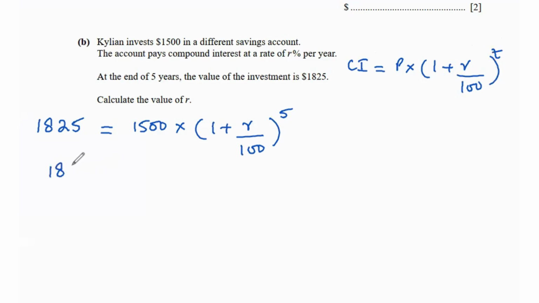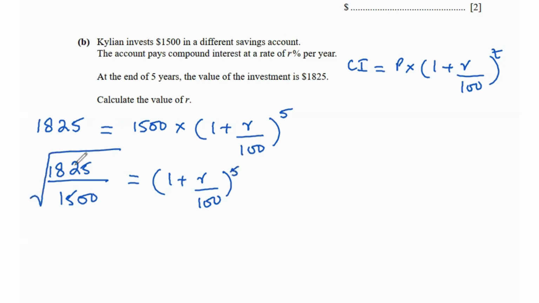So first we divide 1,825 by 1,500 because it's being multiplied over. So on the other side, it would divide, not subtract. And 1 plus R over 100 to the power of 5 is over here. After that, we take the 5th root on both sides to get rid of the power of 5.